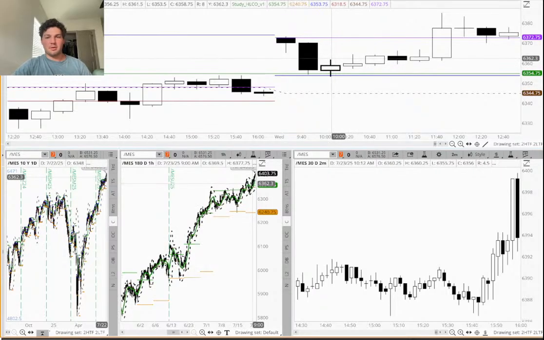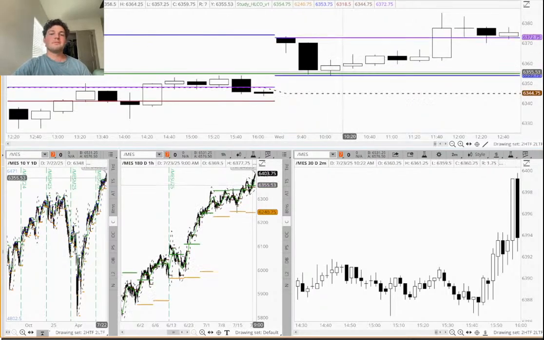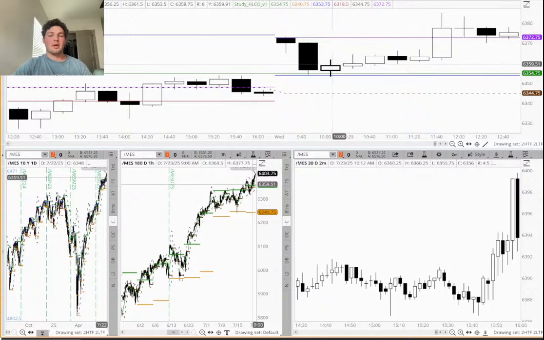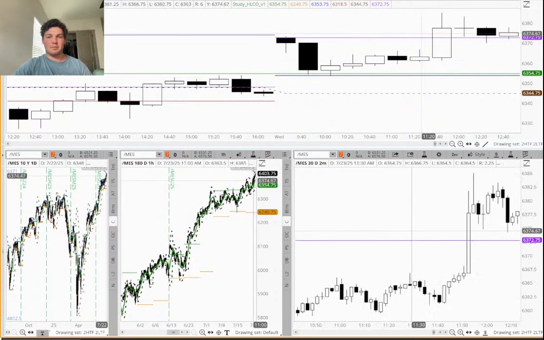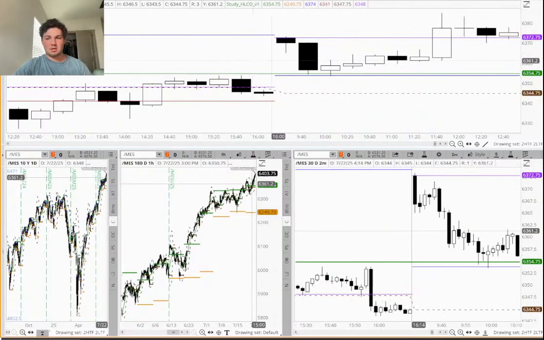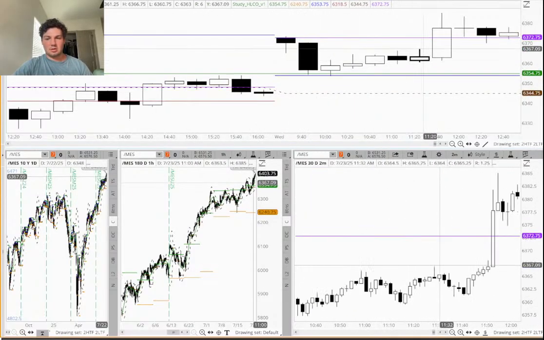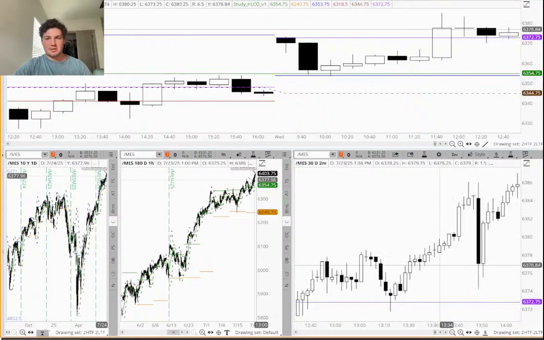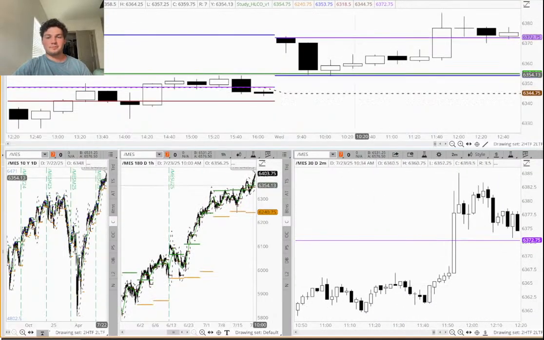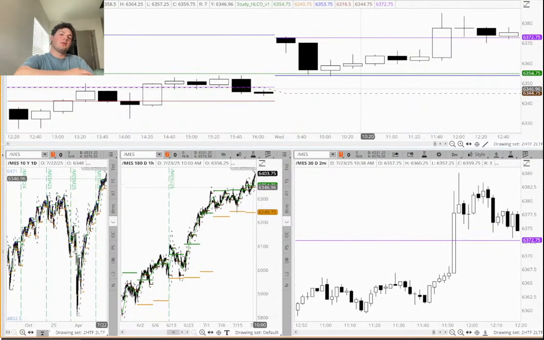Getting long would have been the move right here, right? Kind of pushed down, went against us, then gave us a really good space to get into the upside.